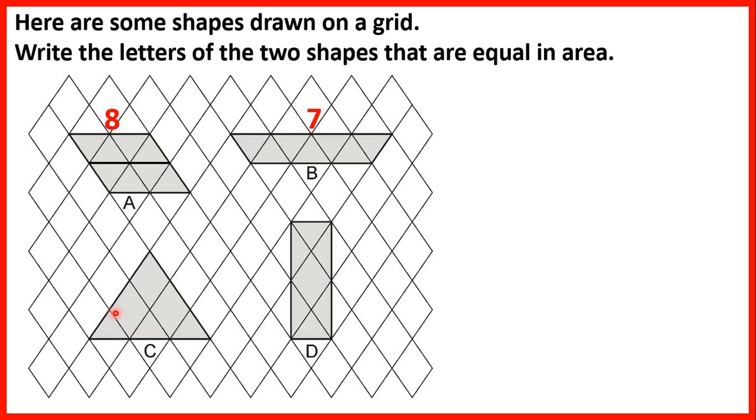For shape C, if we split our whole rhombuses in half, then we can count 9. And for D, if we split this whole rhombus in half, and these may not look the same size, but each part takes up half of a rhombus, so that's 8 altogether. So the shapes that are equal in area are shape A and shape D.